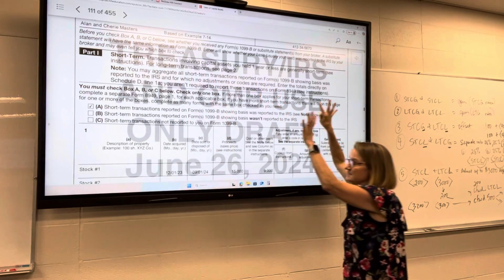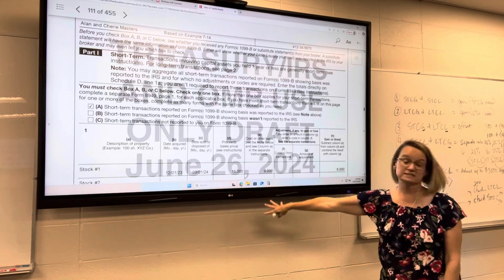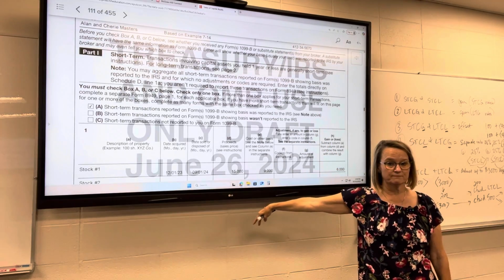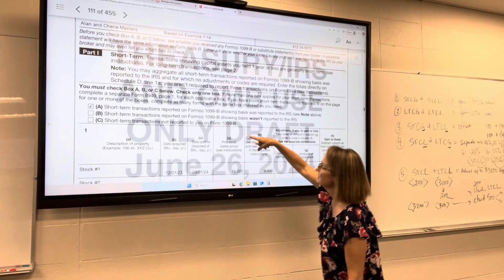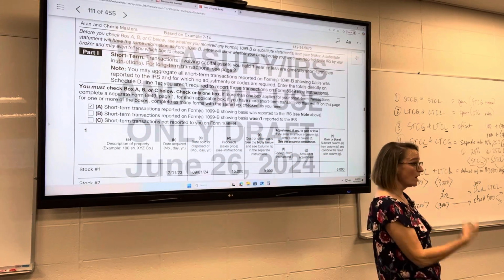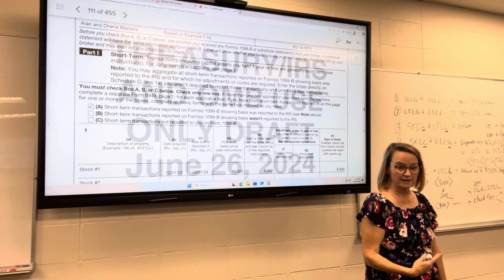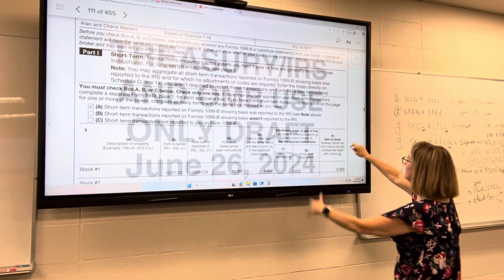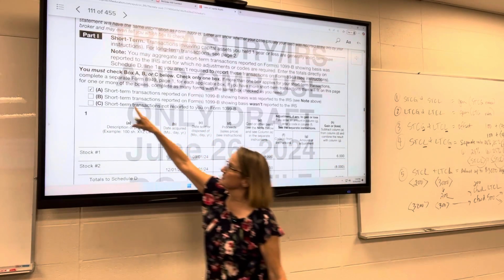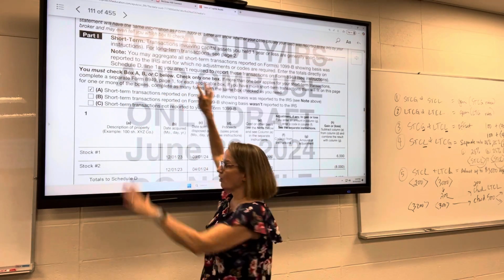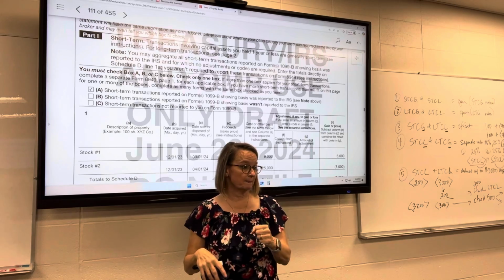Every single transaction like that is listed on one of these forms. Then, if it was a short-term transaction reported on 1099-B, but the basis wasn't reported to the IRS, you have another one of these 8949s. Box B is checked, and all of those transactions are listed.